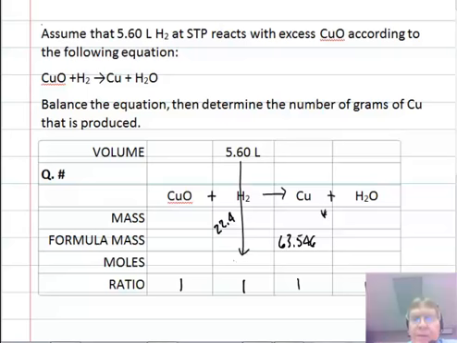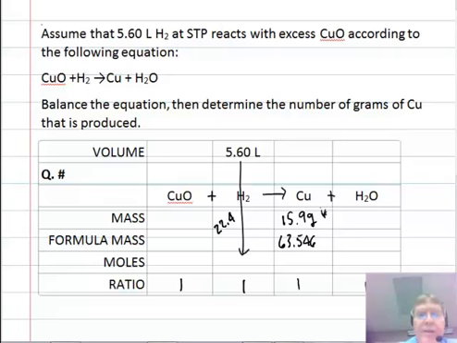That's the number that we would get right in here if we were interested in that. Divided by 1 times 1 still gives us 0.250 times the 63.546 gives us, to 3 sig figs, 15.9 grams. And so our answer to this problem then is 15.9 grams of copper.